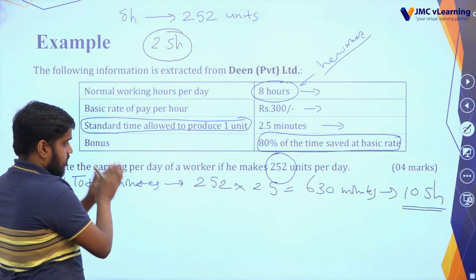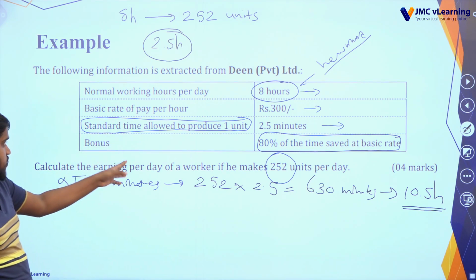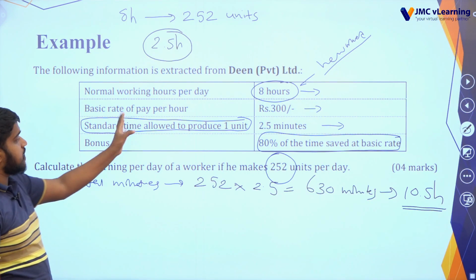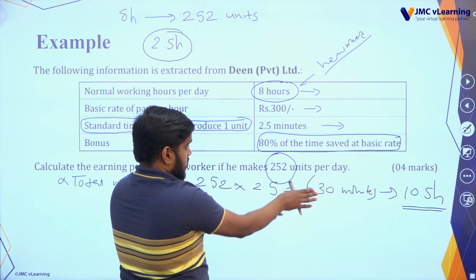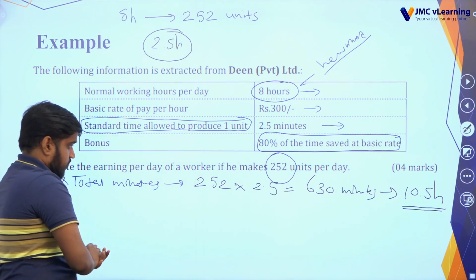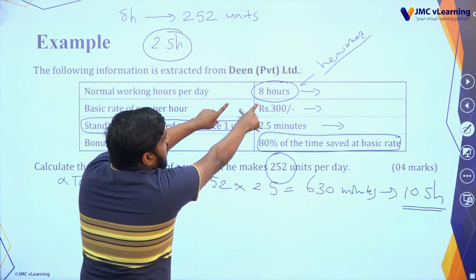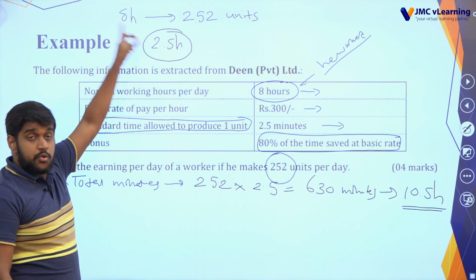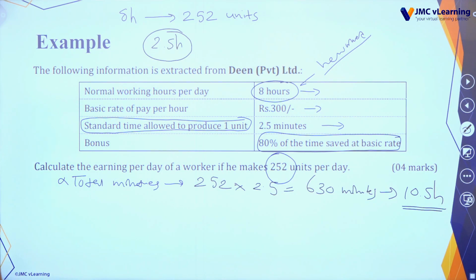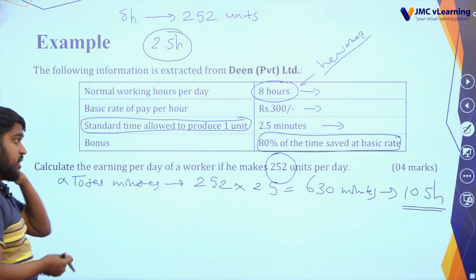If we produce these 250 units based on the standard allocated time, we need to incur 10.5 hours, but this employee only utilized 8 hours. That means he saved 2.5 hours, and based on that we can calculate the bonus payment.